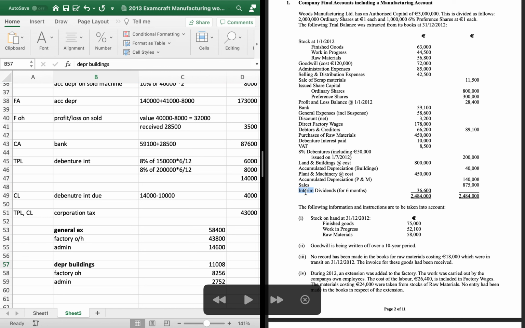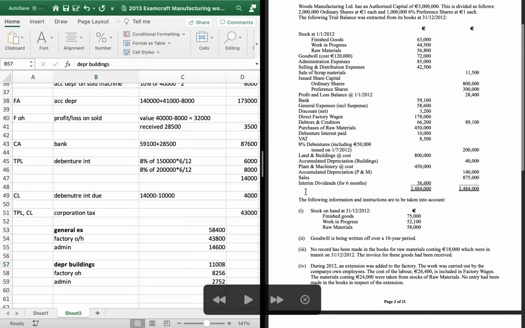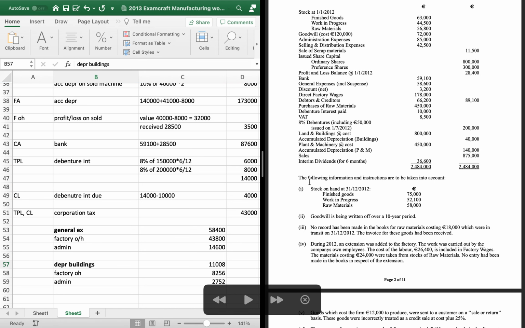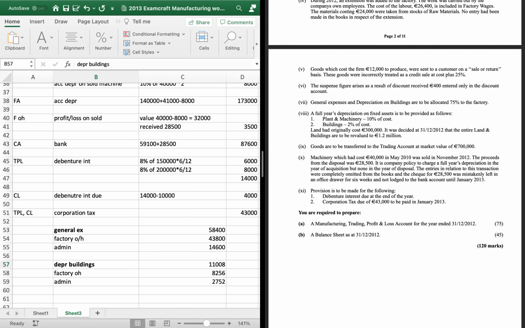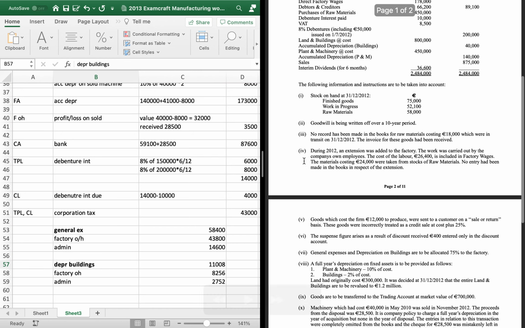So interim dividends for 6 months is 36.6, and that goes into your trading profit and loss account. I wonder, are they looking for dividends due to be declared? They're not saying there, but that 36.6 goes in your trading profit and loss account.